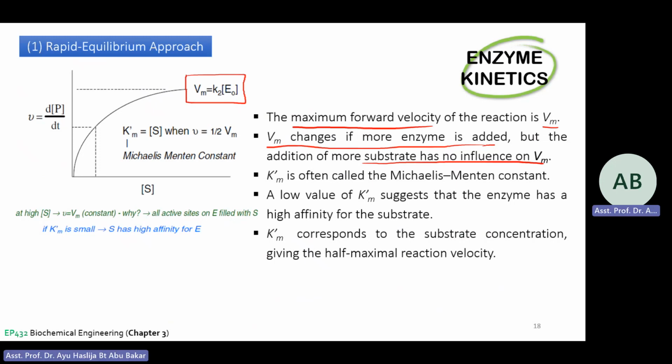Why is it that with more enzyme you have more product, but with more substrate not more product? Why is it? Rate of reaction of the product, when you have enzyme.